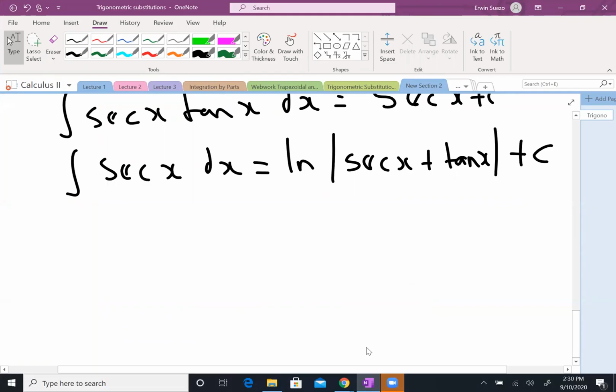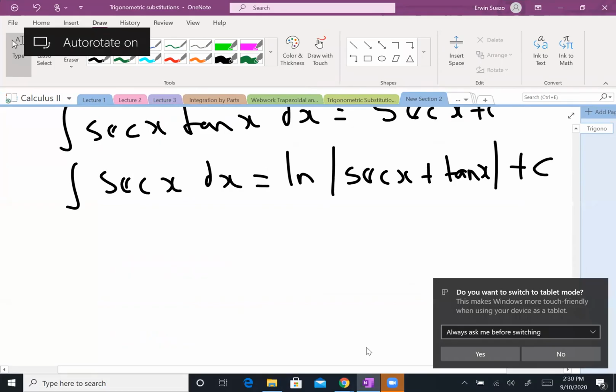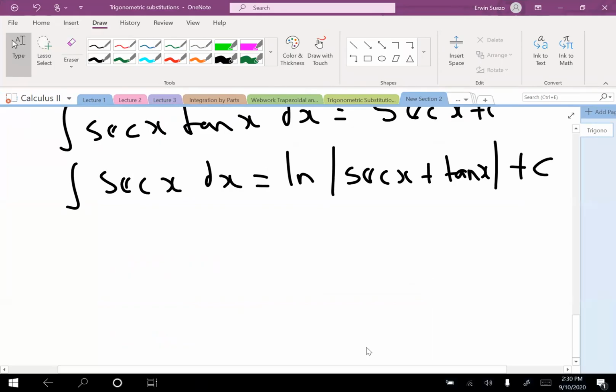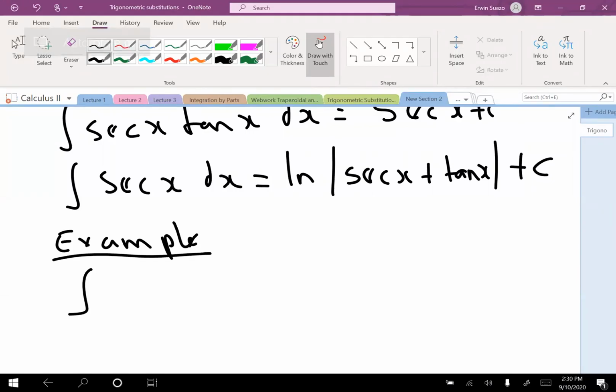It doesn't have to use the hard ones. For this one, you just need to use one of these integrals. So we're going to do the example: the integral of x over x to the fourth plus 1 dx.